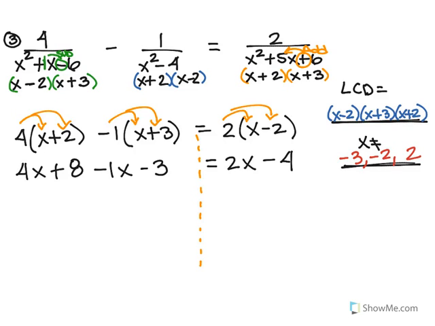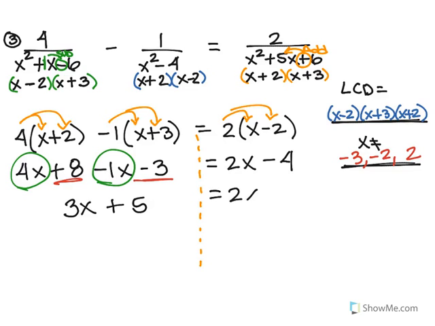Clean it up. 4x minus 1x is what? 3x. 8 minus 3 is a positive 5 equals 2x minus 4. Switch sides. I'm going to subtract my 2x and I'm going to subtract my 5. So we got x equals what? -9.